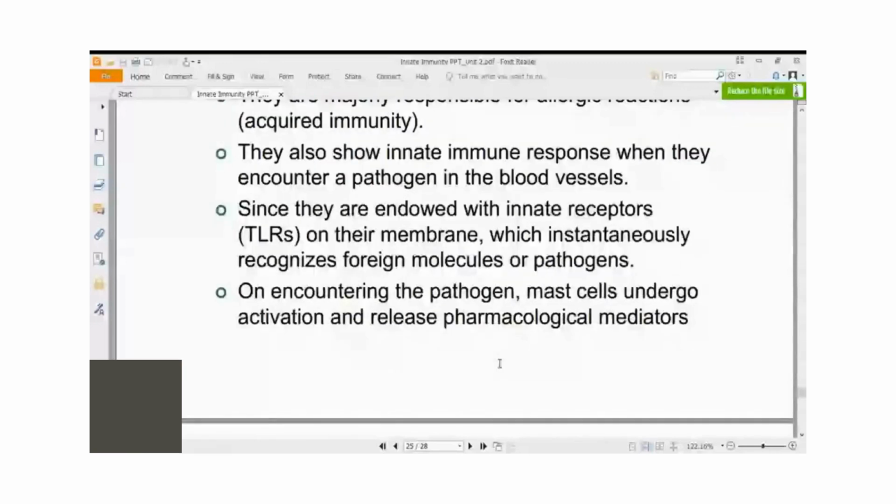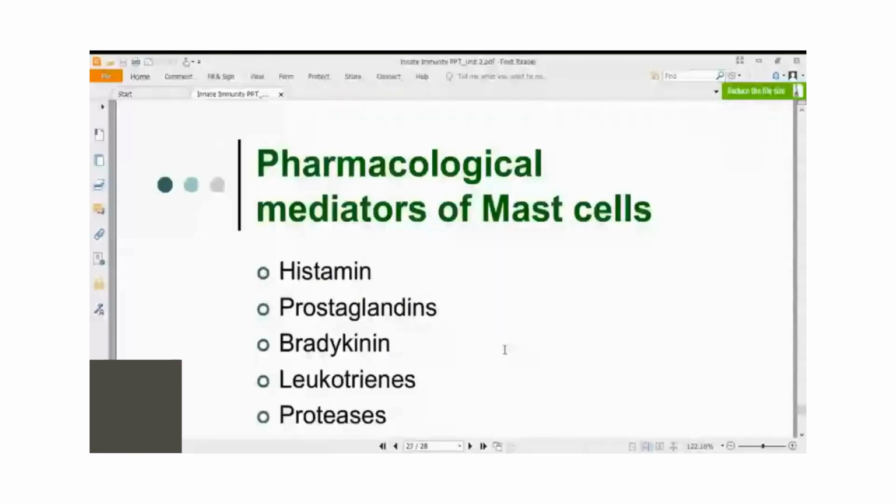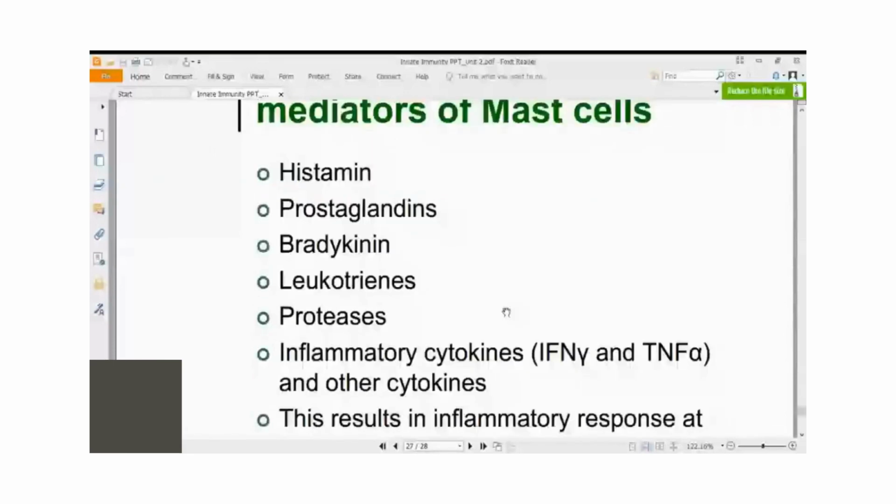And what are those pharmacological mediators released by the mast cells? They are listed here. One is histamine, another is prostaglandin, bradykinin, leukotrienes, and a large number of proteases and inflammatory cytokines like interferon gamma and TNF alpha. One more pharmacological mediator I forgot to mention here is 5-hydroxytryptamine.